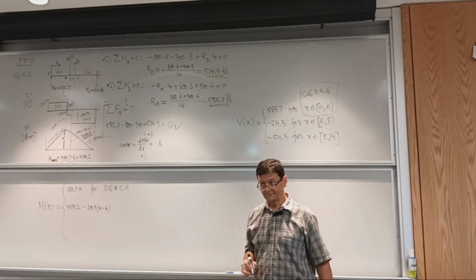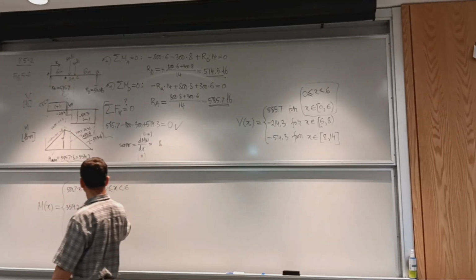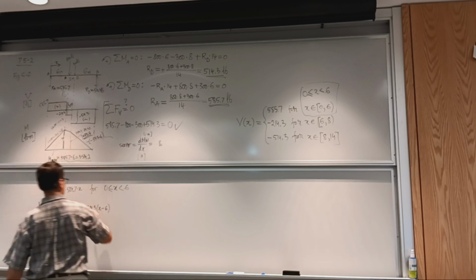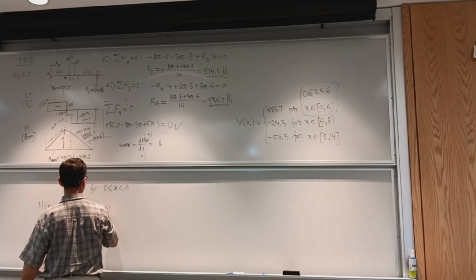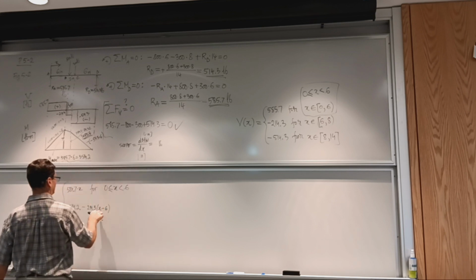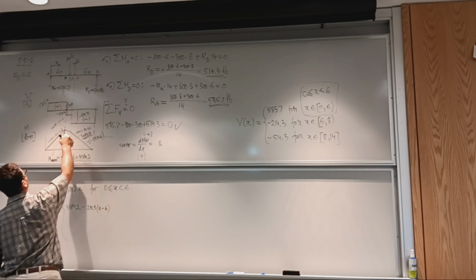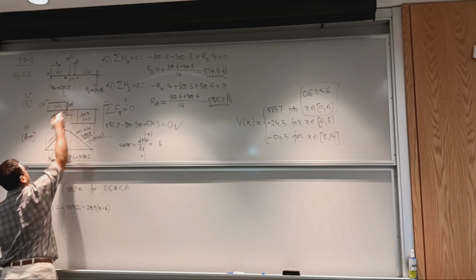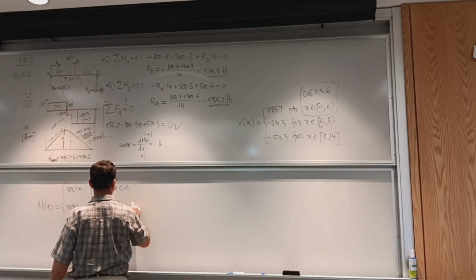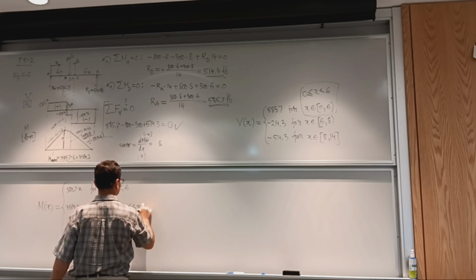Agree? So if x equals 6, this vanishes, I have the value. If x turns to 8, this is going to be 2, and I'm adding essentially this area. All right, so this is for x going between 6 and 8.